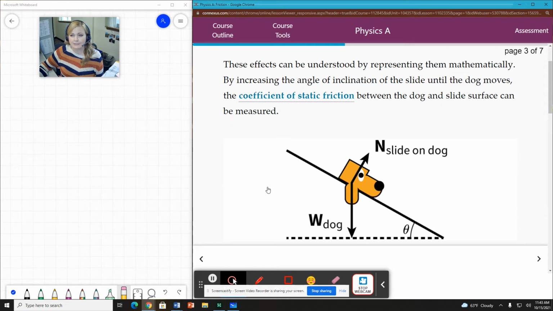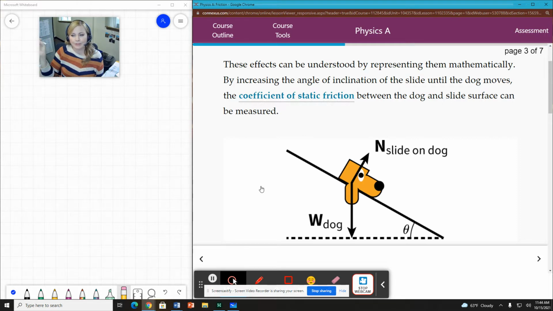So first of all, static friction. Static friction is the friction that a non-moving object has with the surface, and you have to overcome static friction to get that object to move. That is noted by what we call the coefficient of static friction. That coefficient can be measured, and we'll talk about how we measure that later.